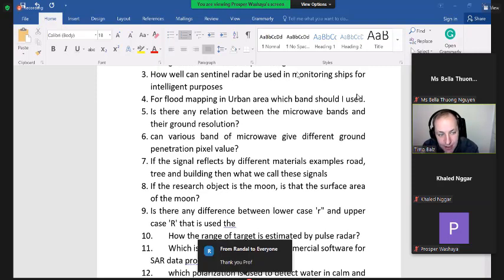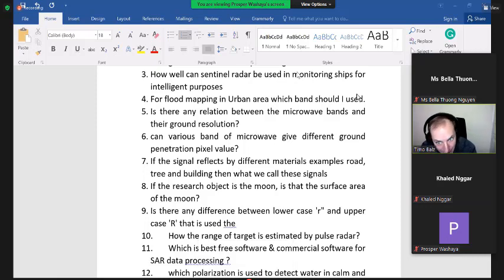Now is it black from the water or black from the road? You probably won't really know, right? But if you ask me about the band, I would say you probably need high resolution. So X band would maybe be the best for that.